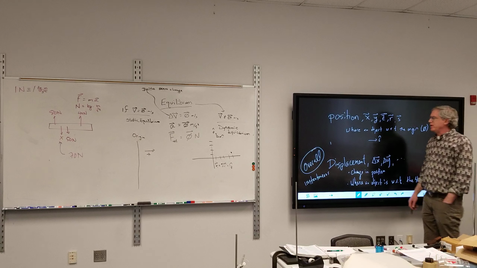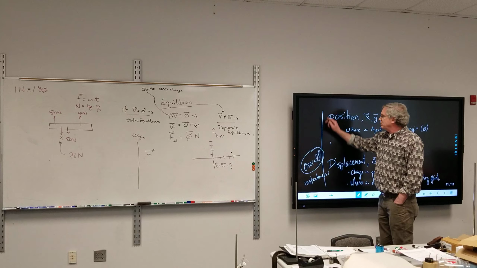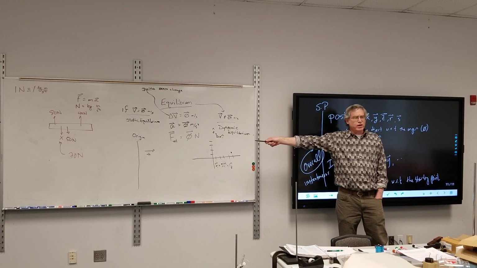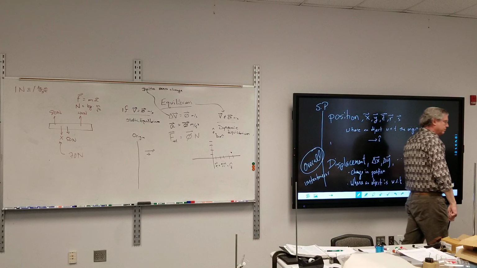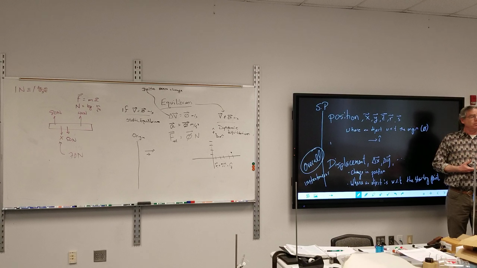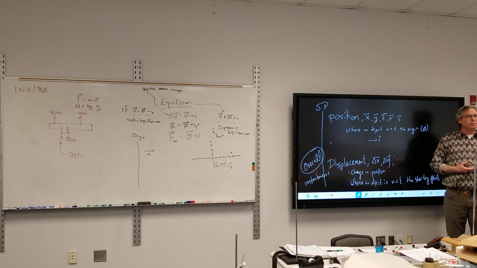So if I consider my starting point to be here, still my origin's over there, the positive side is to the right. Currently, my position, positive, negative, or zero? Positive.